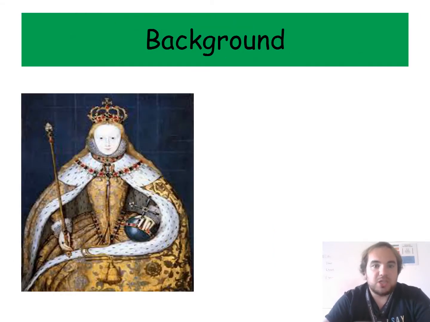Bit of background. Elizabeth I, as a reminder, was the half-sister of Mary I, aka Bloody Mary, and she was also, and this is quite important, a Protestant. This is important because England back then was very divided on religious grounds.